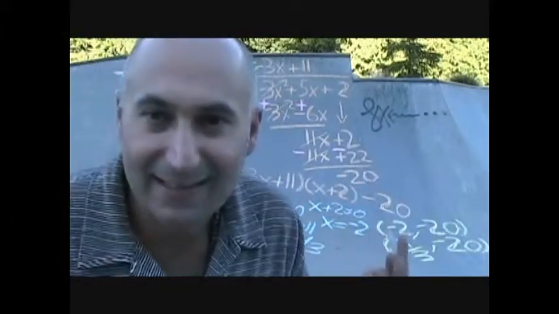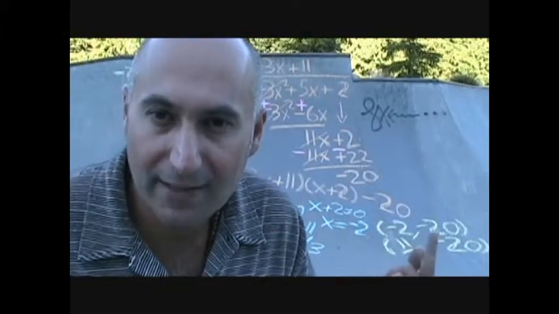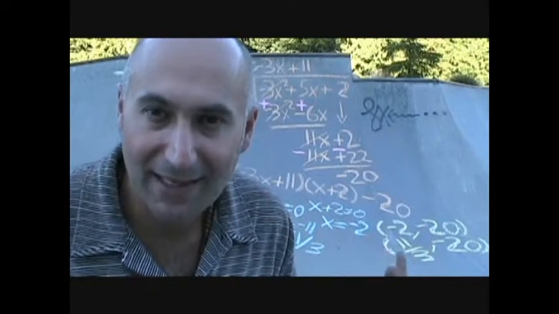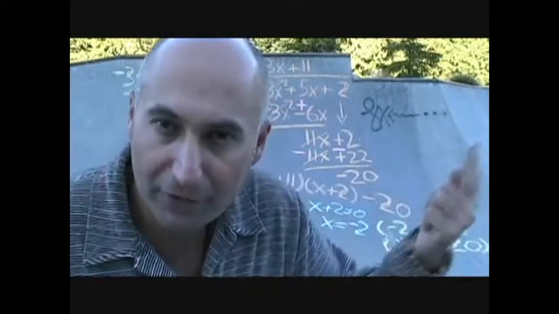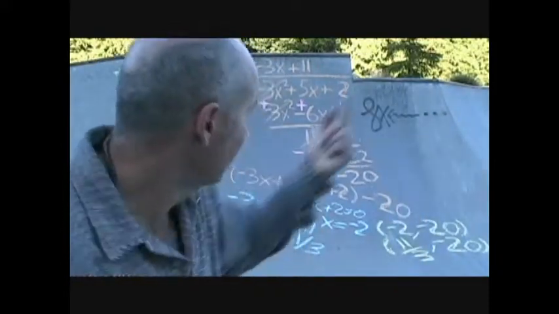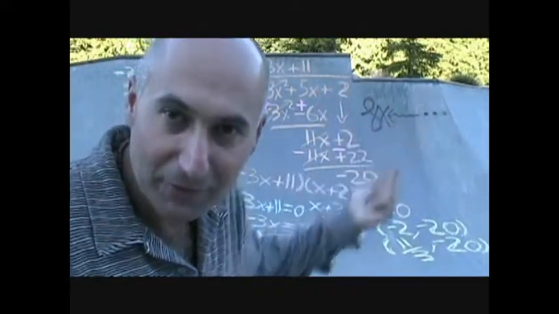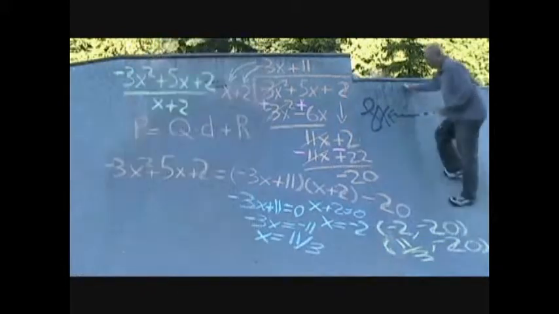So when x is equal to negative 2, y is negative 20. When x is 11 divided by 3, y is negative 20. So if we put it on a graph here, and negative 20, well, our x-axis is going to be up here, and we're going to graph it down here.